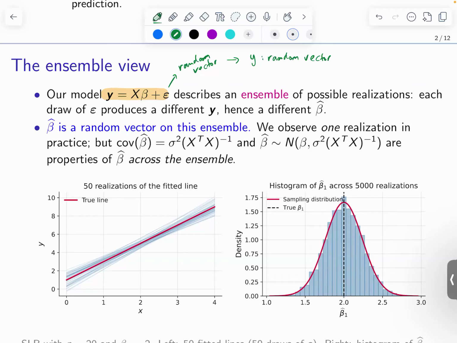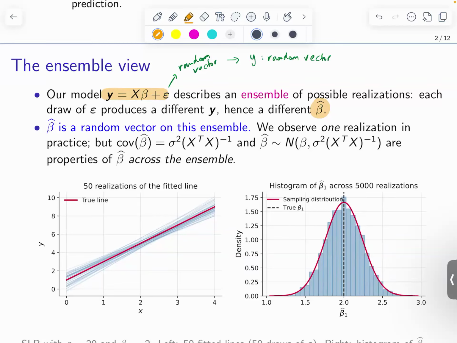This extends to all the parameters that we derive, or all the things that depend on y. For example, beta hat would also represent an ensemble of values. Basically each value would be a vector, a realization of beta hat. So beta hat is a random vector on this ensemble.